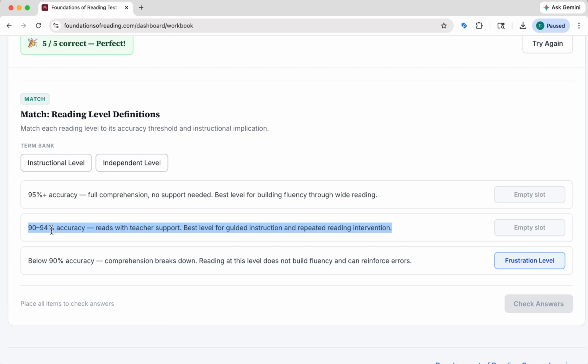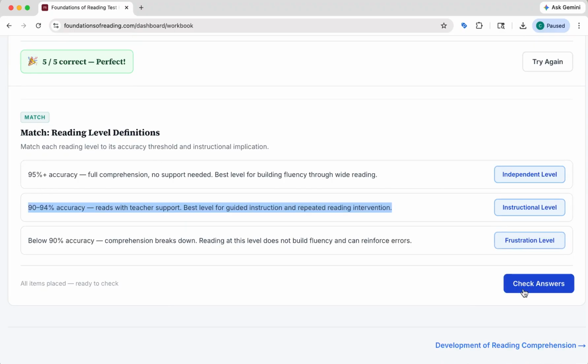And you need to know which one is higher. Is it independent reading level or is it instructional reading level? The answer is independent reading level is higher. This is what a student can do independently, whereas the instructional reading level, this is the level of reading a student can do with the support of the teacher. Let's go there. Let's check it.